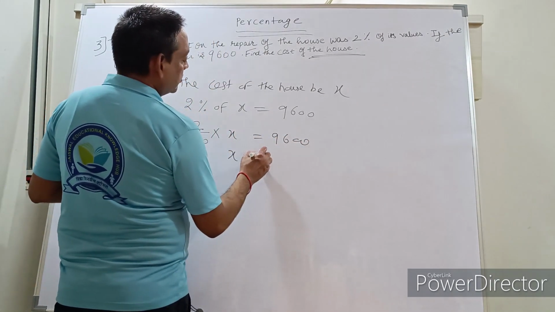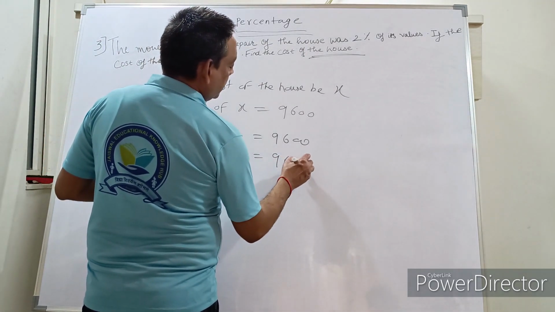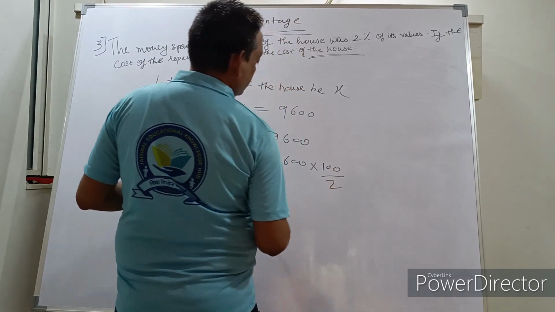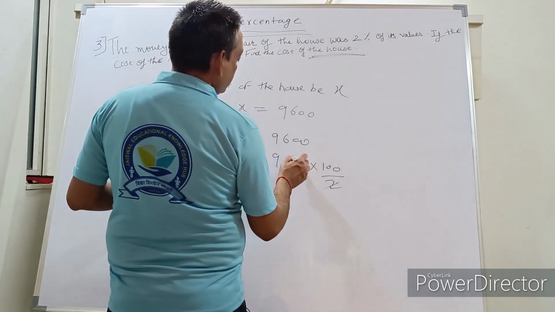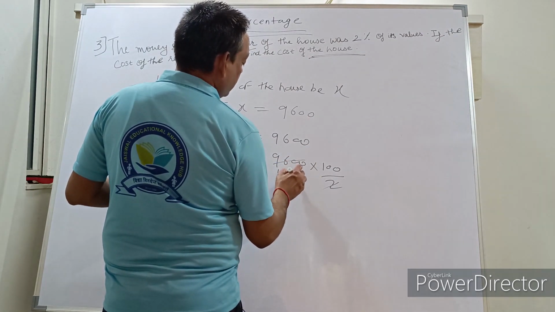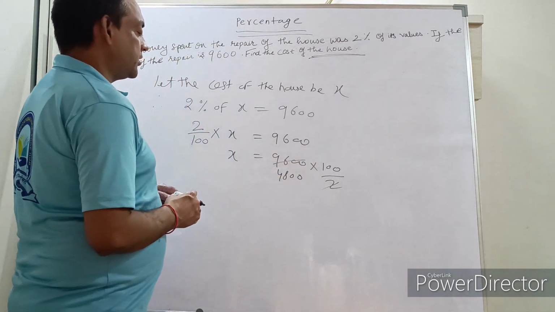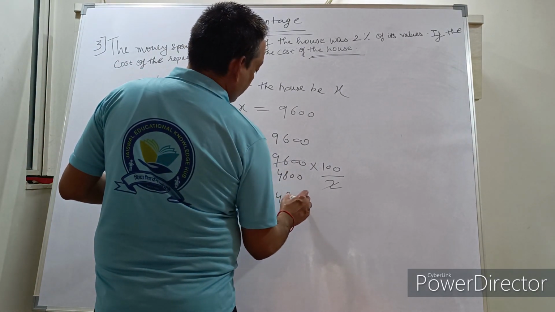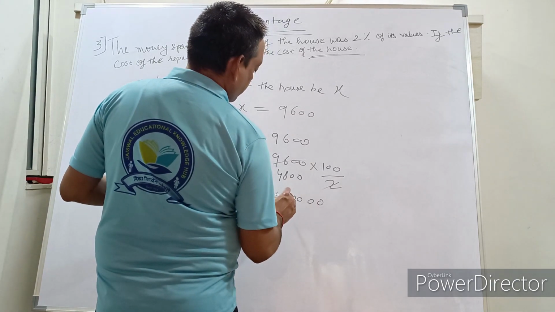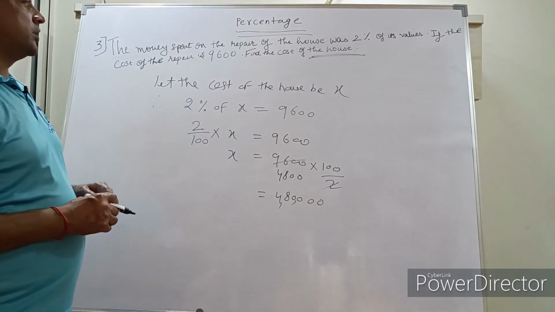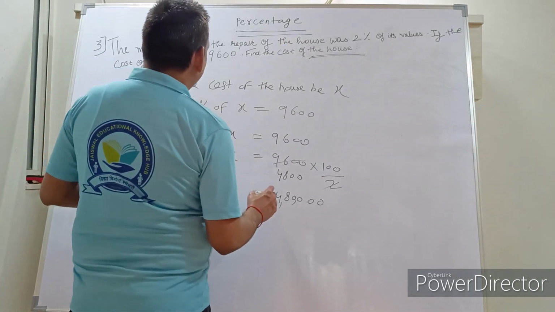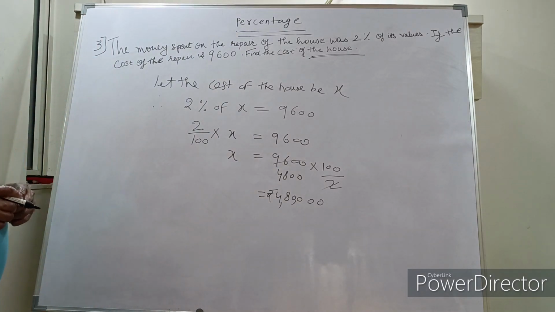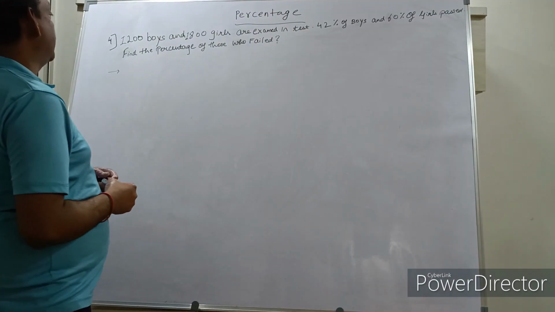So X is equal to 9,600 into 100 upon 2. 2 ones are 2, 2 fours are 8, so 4,800. 4,800 multiplied by 100, that is 4,80,000. So the total cost of the house is rupees 4,80,000.